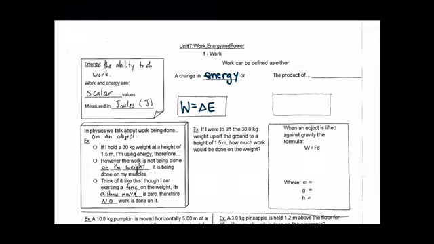And remember, when we have the change in something, that's like your final minus initial, just to remind you of that. And then work is also defined as the product of force and distance. And product means multiply, so work is also force times distance.